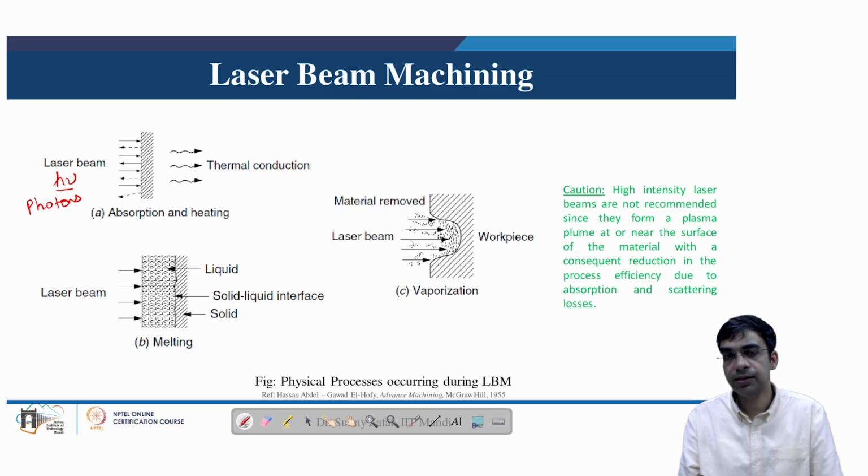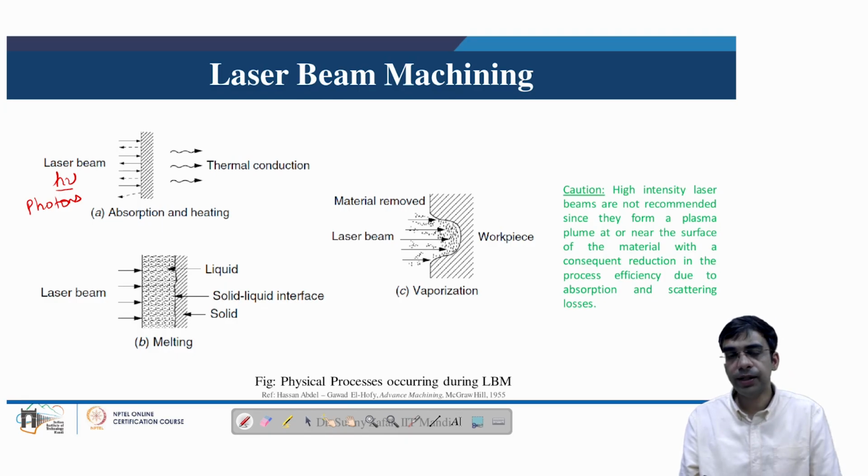This melting of the workpiece will continue, and there will be a region of melting separated from the solid by a solid-liquid interface. As there is continued exposure to the laser beam, more and more material not only melts but also starts to vaporize, because of which material removal takes place and consequently machining is achieved. So the phenomena of absorption, melting and vaporization take place as physical processes during laser beam machining.